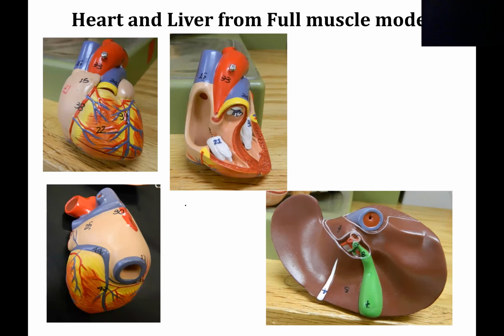On the heart, you can see some of the same ones that we looked at for the parts of the heart. On the back of this liver, this red one is the common hepatic artery.